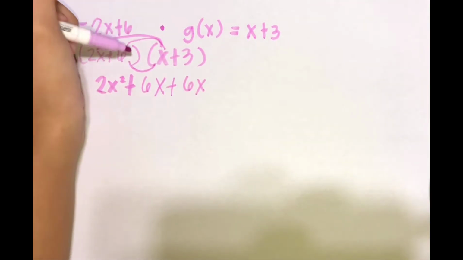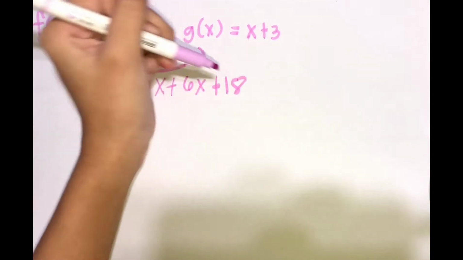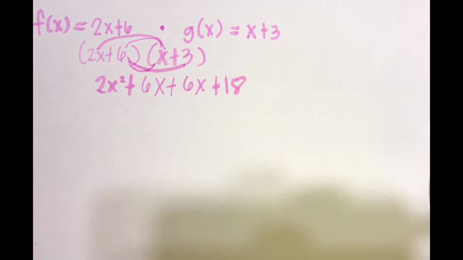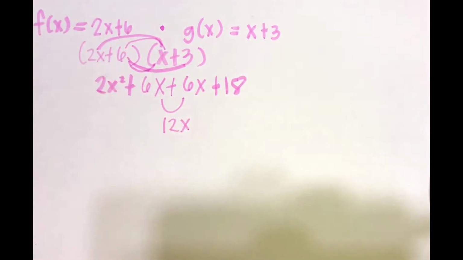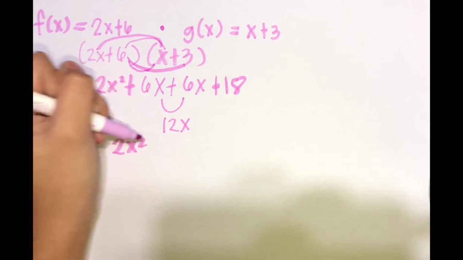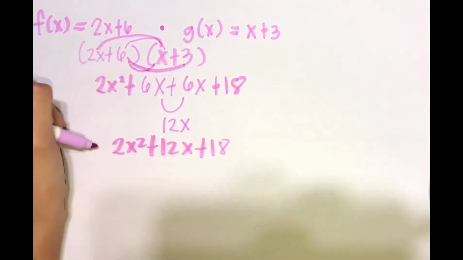And our last is 6 times 3, that is equals to 18. Next, let's combine like terms. We have here 6x plus 6x, that is equals to 12x. And so, our answer is 2x squared plus 12x plus 18.